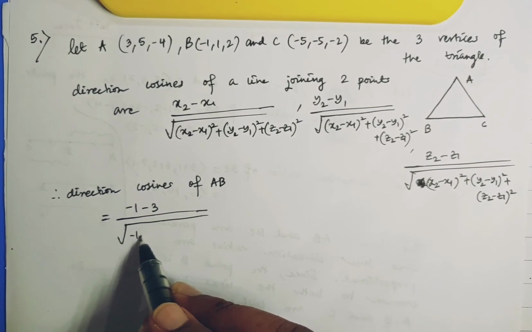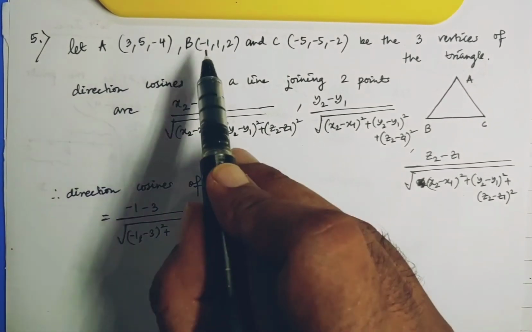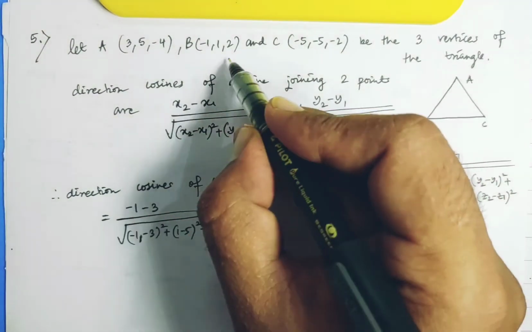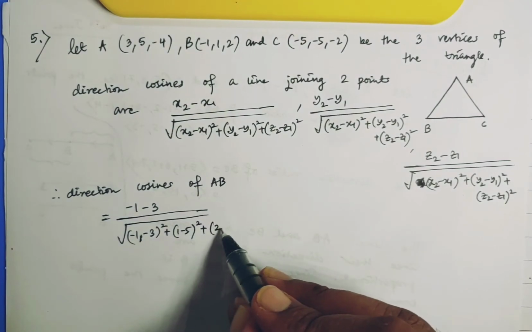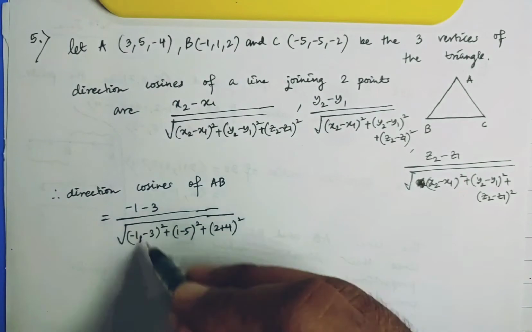Minus 3 whole square plus 1 minus 5 whole square plus 2 minus of minus 4, that is 2 plus 4 whole square. This is our first part we got.